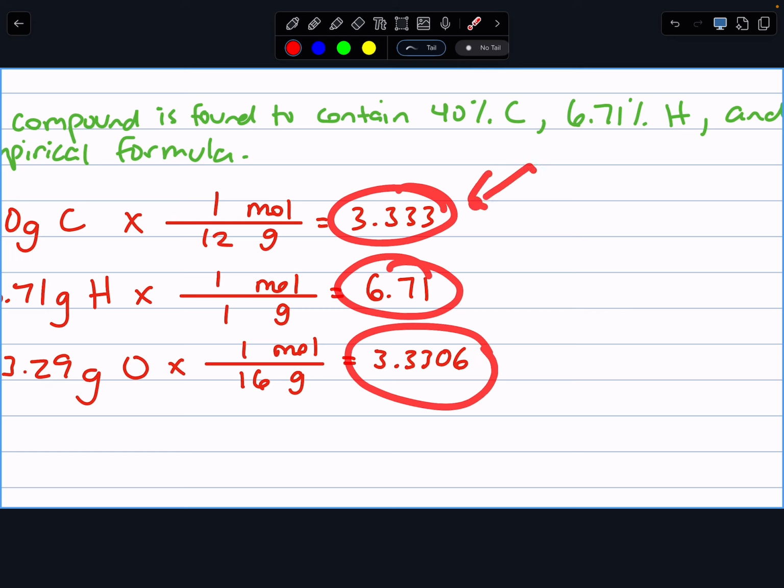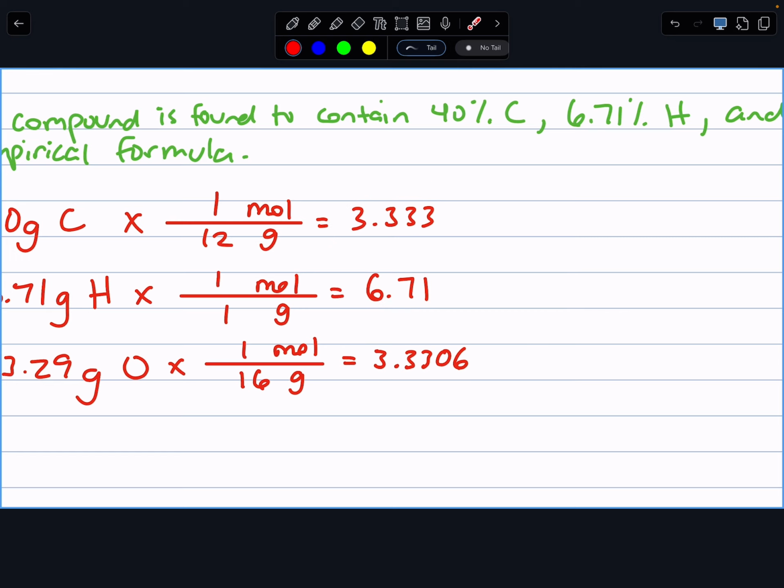The bottom one. Usually they're not that close, but they can be. If they're the same, then you just use the one number. But 3.3306 is smaller than 3.333, so this one would be smaller. Make sense? So I'm going to divide all three of my numbers by the smallest out of the three.